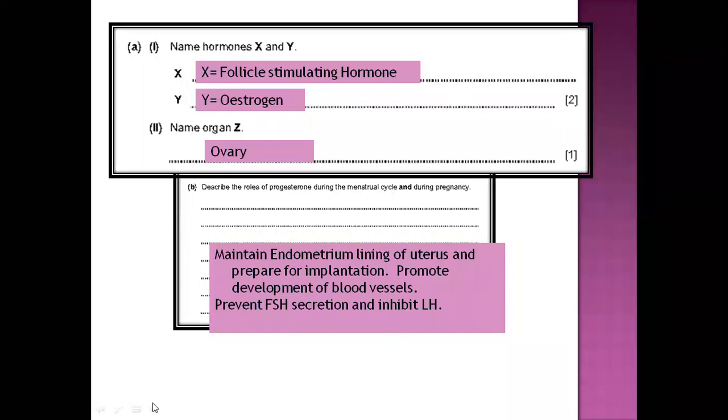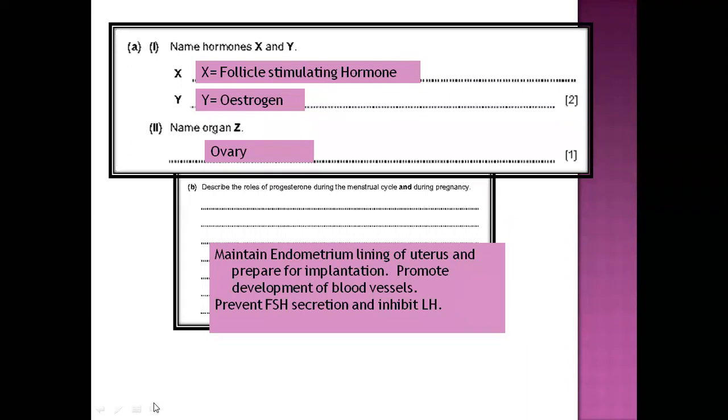I think it is clear. Yes, Malak Hani, you are also right. It also promotes development of the mammary gland. Very nice. Okay, up to here it is clear.